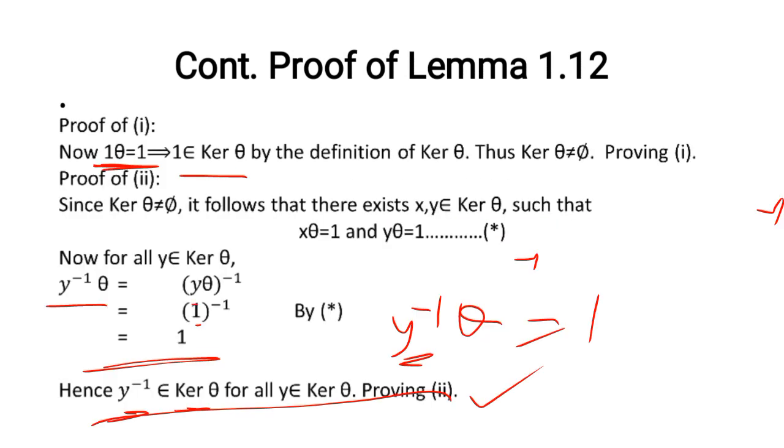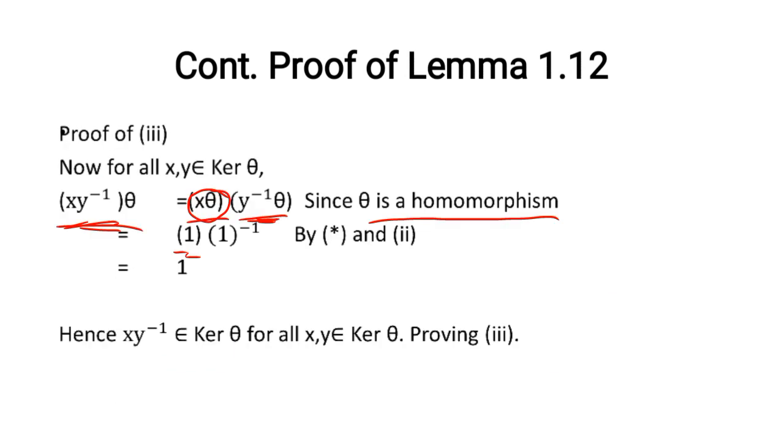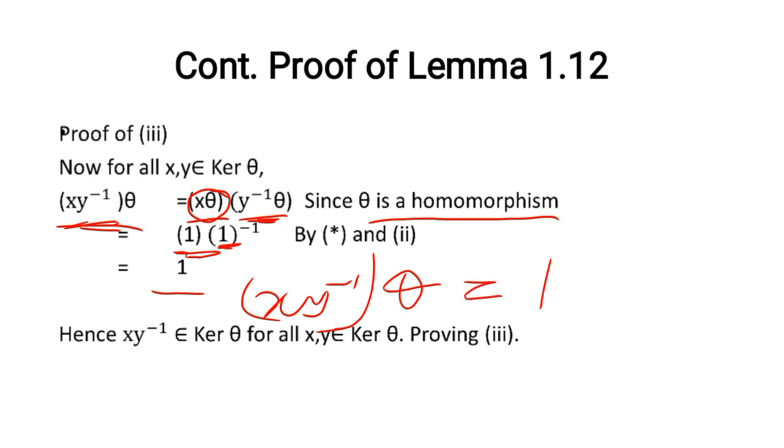We proved it to be 1. Okay, we did that. So this is also 1. And 1 times 1 is just 1. So automatically you have shown that x y inverse theta is going to go straight to the identity. Therefore, this term is in the kernel of theta, which proves the third identity.